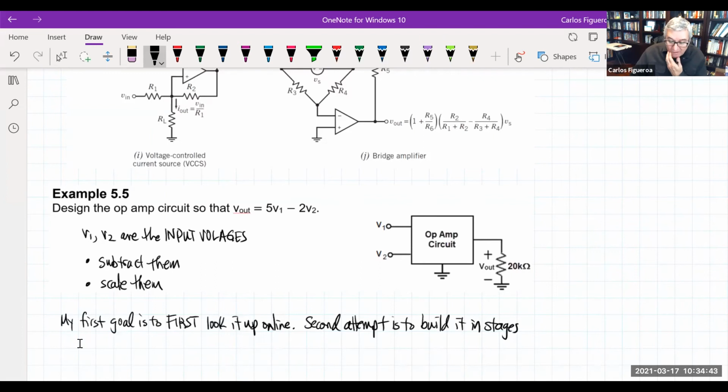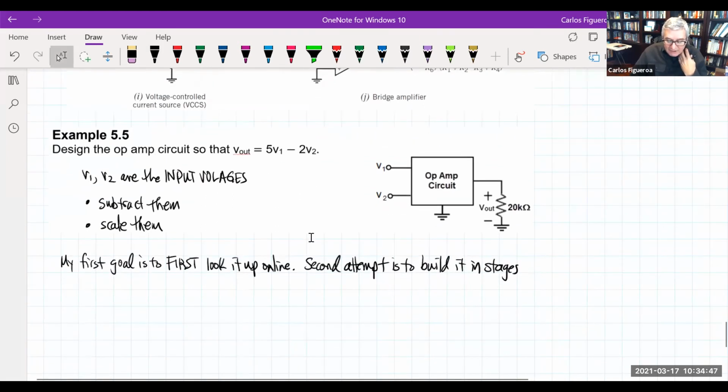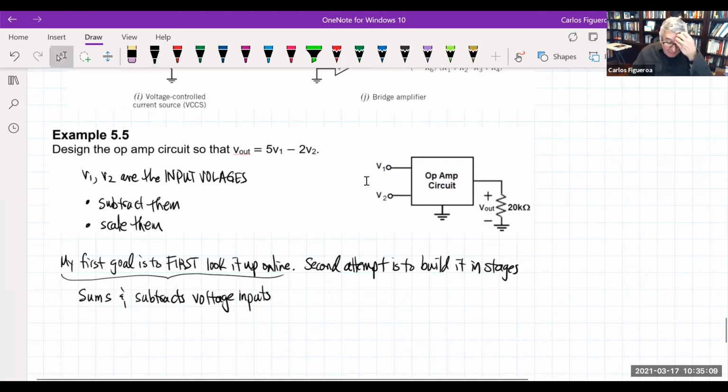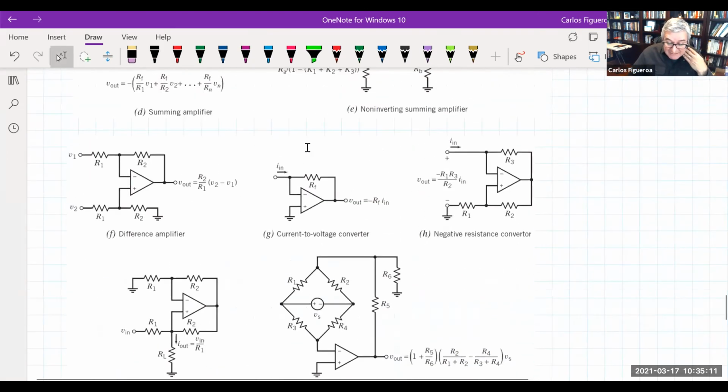So the first thing I want to do is look for something that sums and subtracts voltage inputs. If I come back and look here, is there anything that does that?